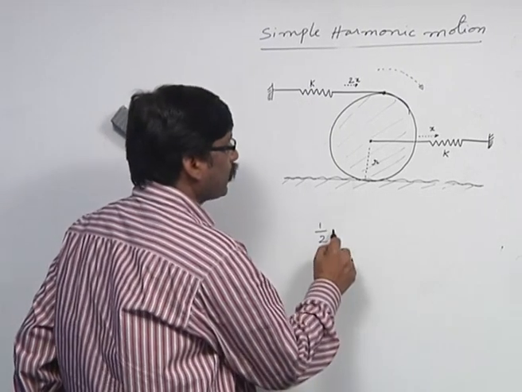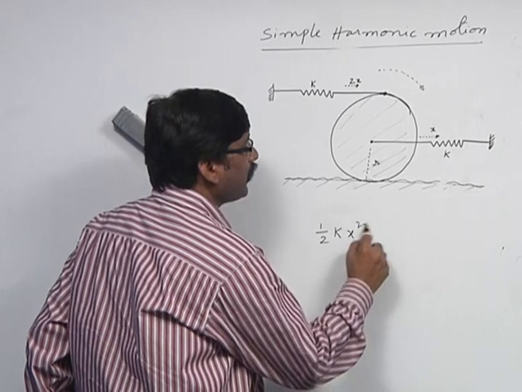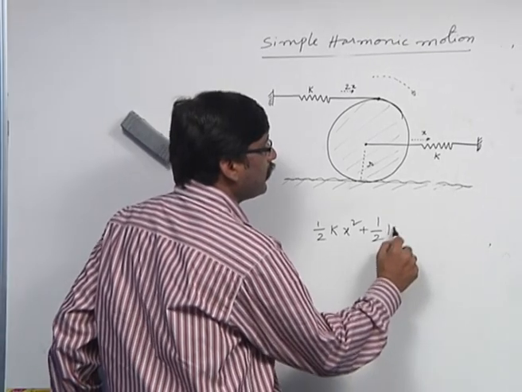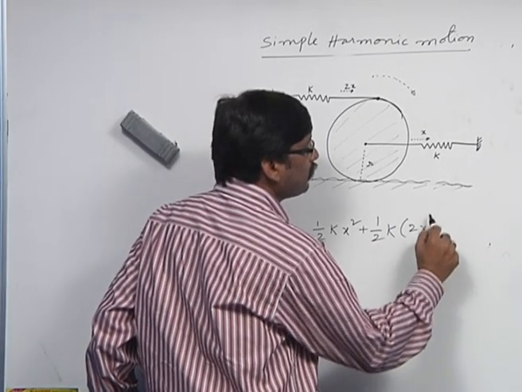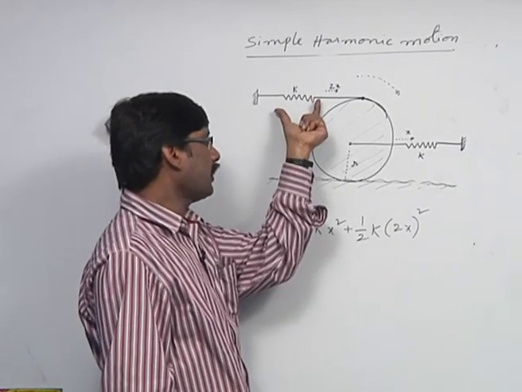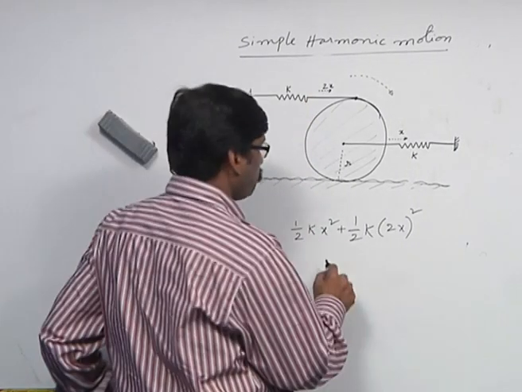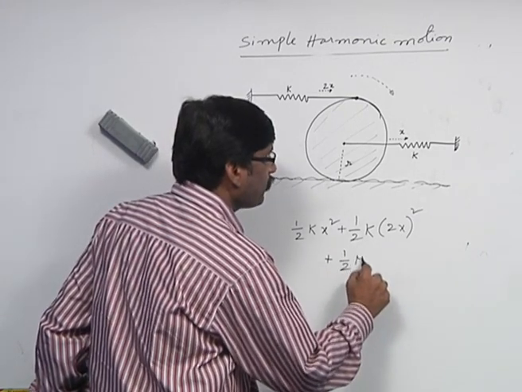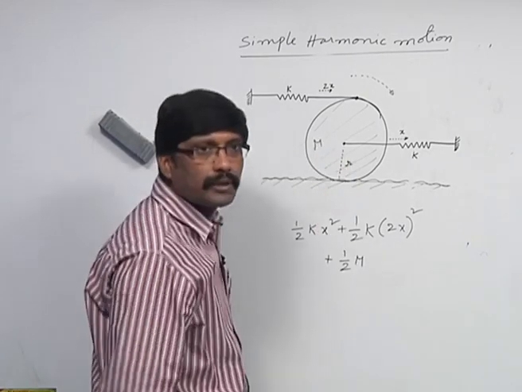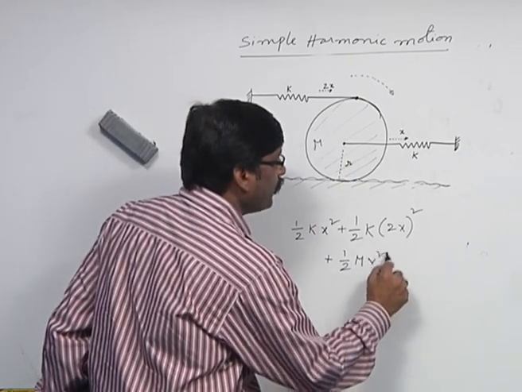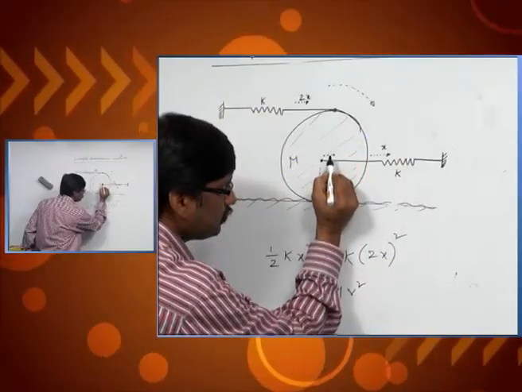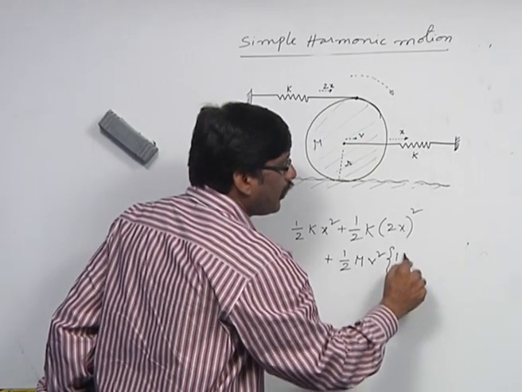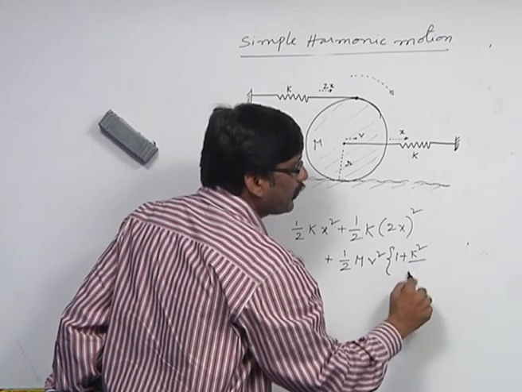Let us write the total energy: half k x square for this spring, plus half k (2x) whole square, the total energy stored in this spring, plus half m v square, where m is the mass of this disc and v is the velocity of the center of mass, into, since it is rolling, 1 plus k dash square by r square.